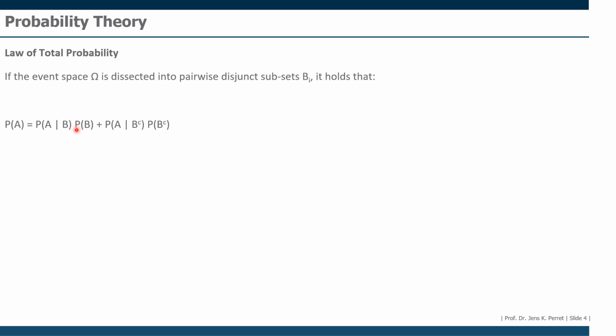So in this case, we're getting rid of the B. Well, that's the easiest version, if we just have two possible outcomes: B happening, B not happening.